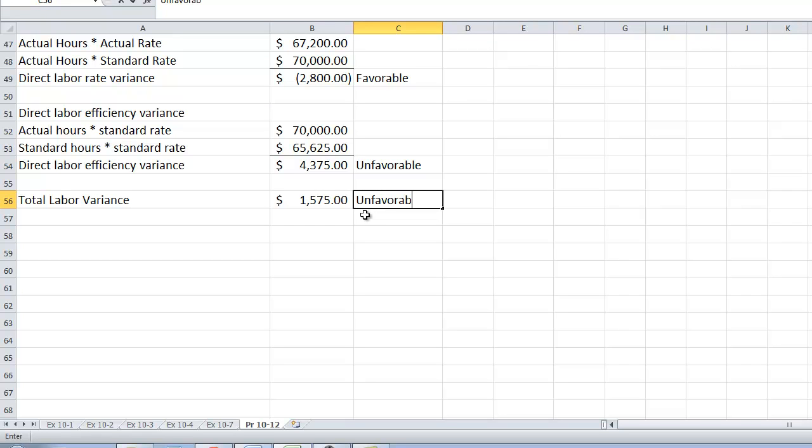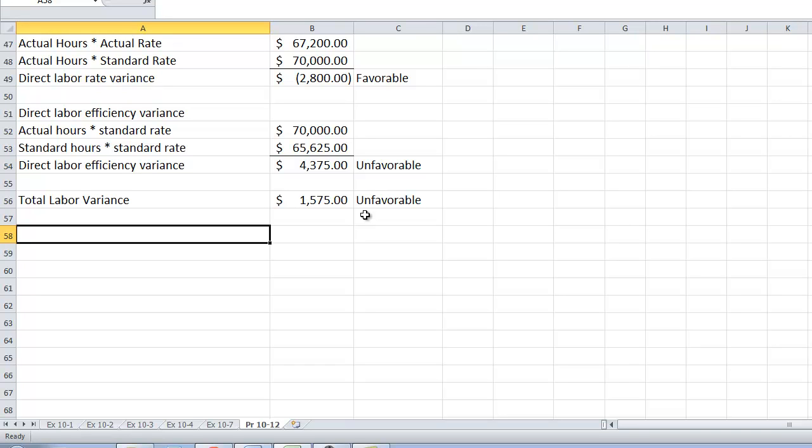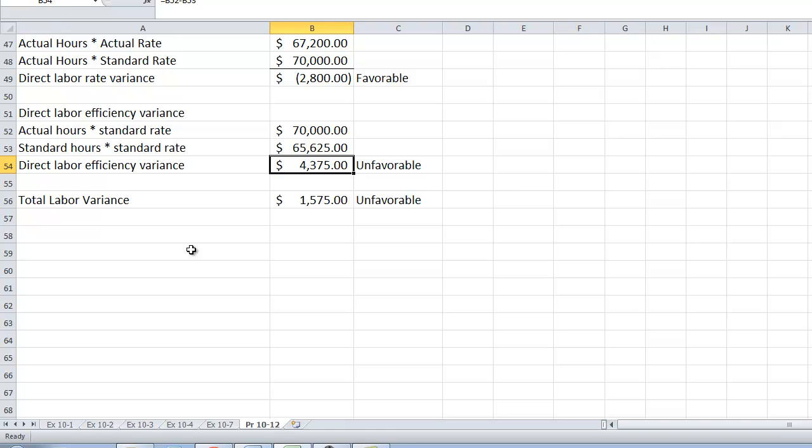So although we saved on the rate, we actually lost money from our direct labor, because our efficiency variance was even more than our rate variance. Therefore, I wouldn't suggest that we use more assistants. We would be better off going back to the previous mix.